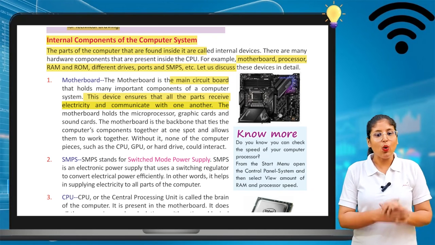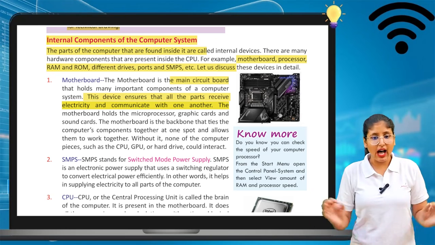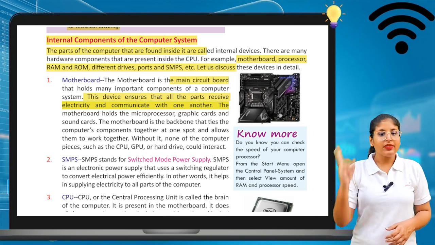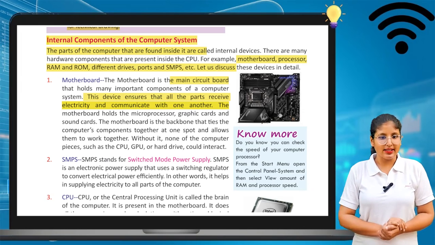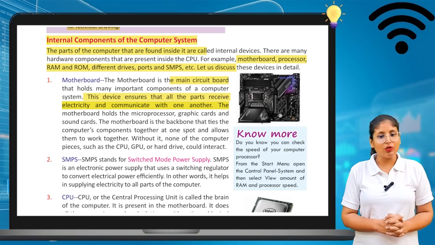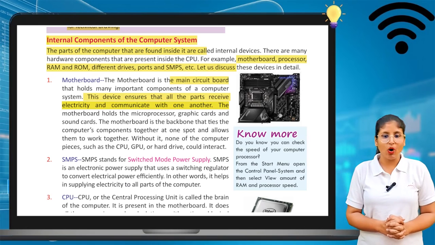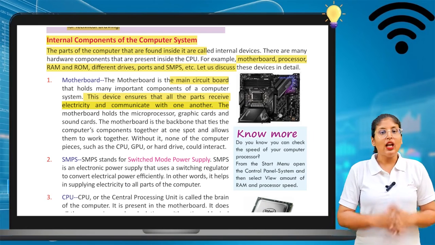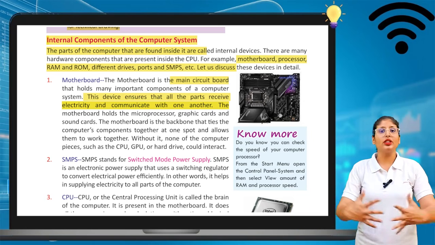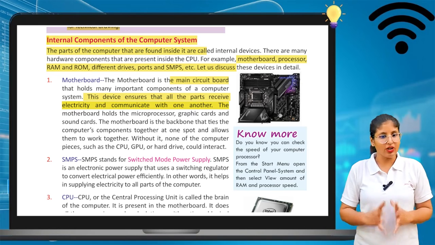The motherboard holds the microprocessor, graphic card and sound card. So in the motherboard, the microprocessor is there, the graphic card is there and the sound card is there. The motherboard is the backbone that ties the computer components together in one spot and allows them to work together. With the help of the motherboard, all the components of the computer are able to connect with each other and perform their functions.